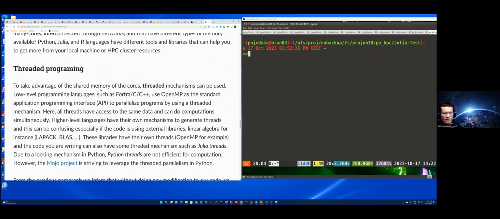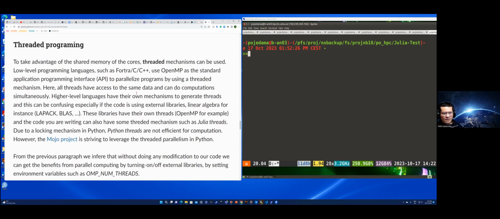Low-level programming languages such as Fortran, C, and C++ use OpenMP as a standard API. Here all the threads have access to the same data, and then they can do the computation simultaneously. In that way, you decompose the problem into N workers or N threads.